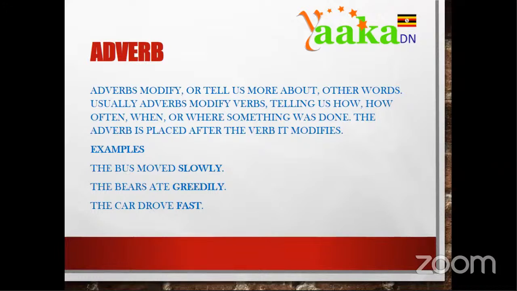So this is a condition that an adverb should always be placed after the verb that it modifies. In summary, an adverb is a word that gives more information about a verb or an action: when it was done, where it was done, and how it was done.